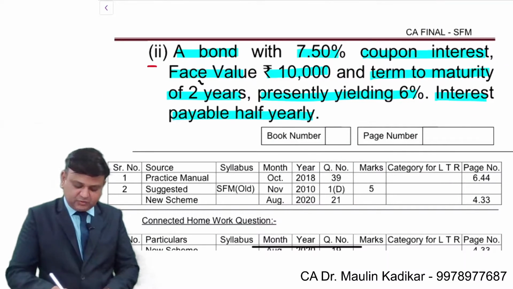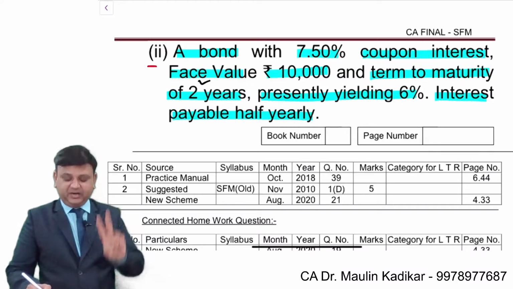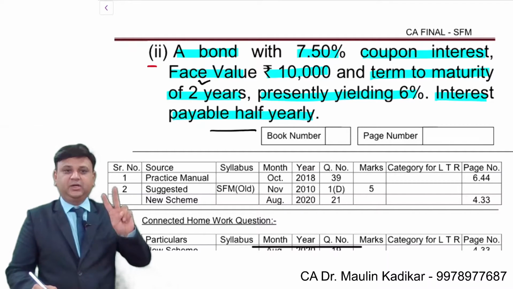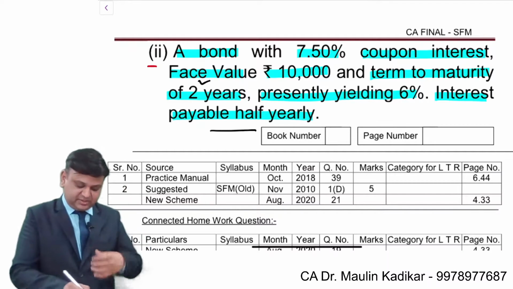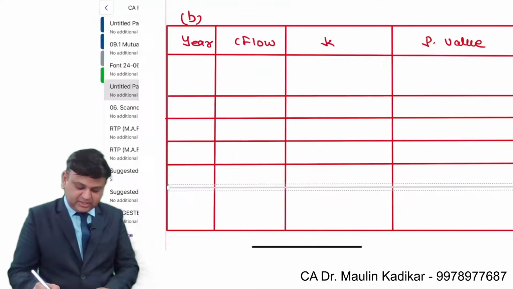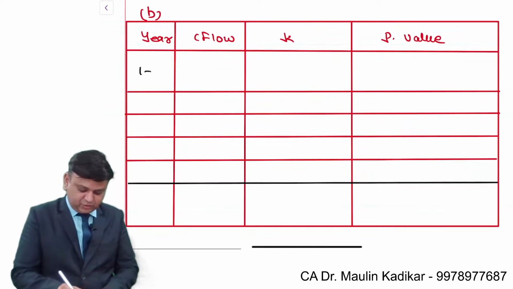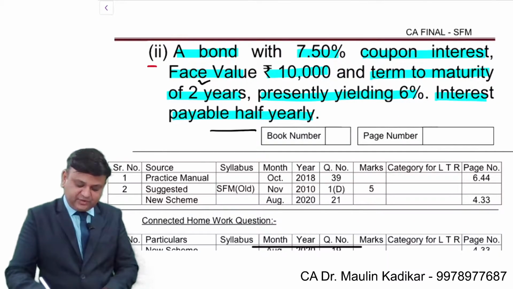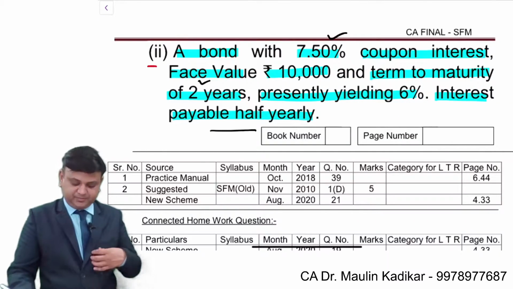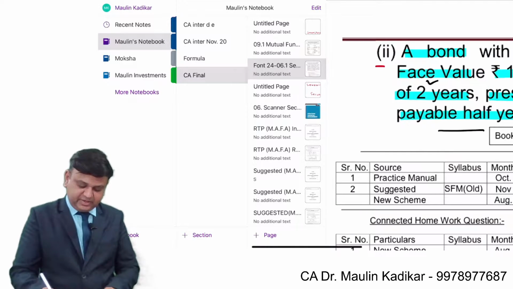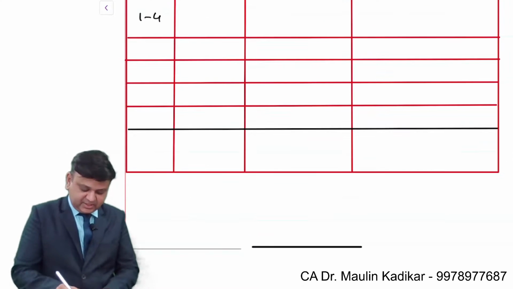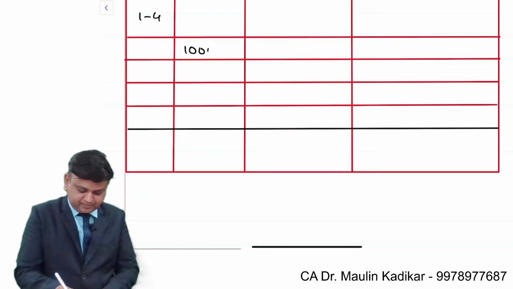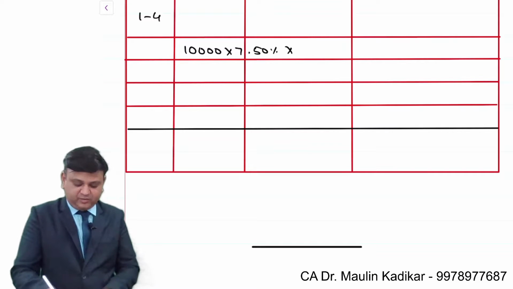The security is issued for 2 years. However, the interest is payable half yearly. So for 4 times you will receive interest. So in the year column I am writing year 1 to year 4. What is the rate of interest? 7.5%. So it is 10,000 rupees into 7.5% into 1 by 2.